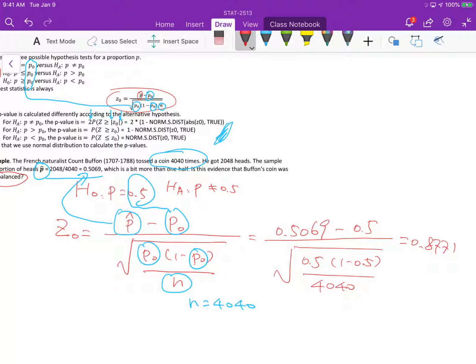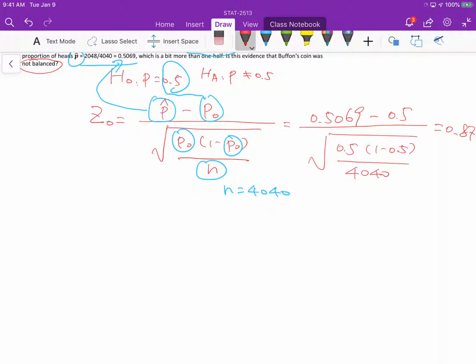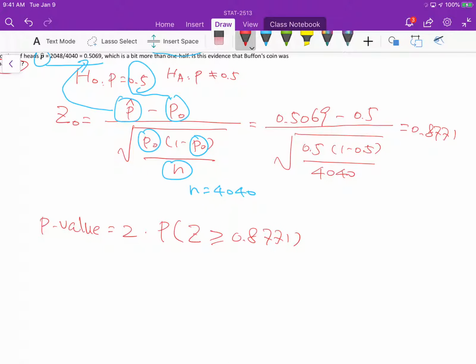Because the alternative hypothesis is two-sided, the p-value will be 2 times the probability that Z is greater than or equal to 0.8771, which is just our test statistic.